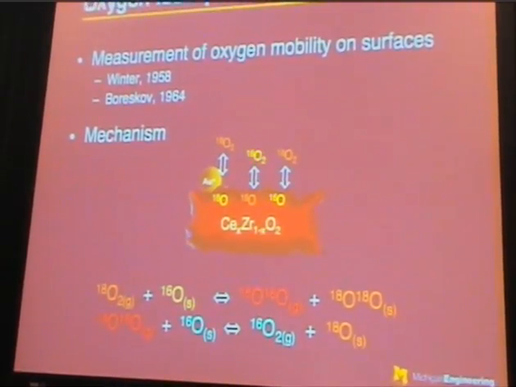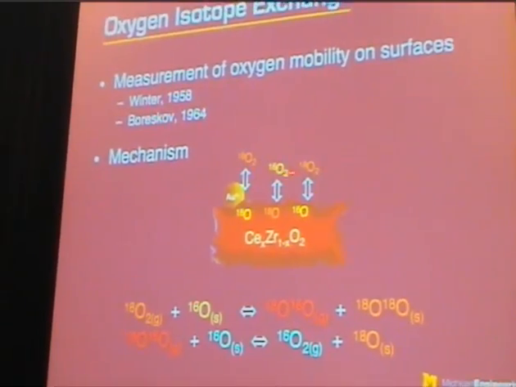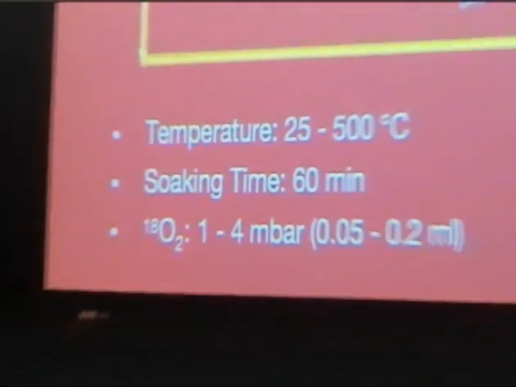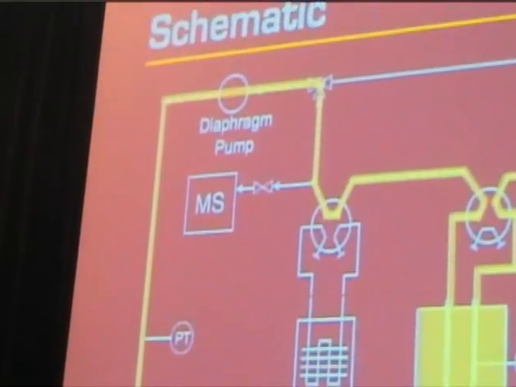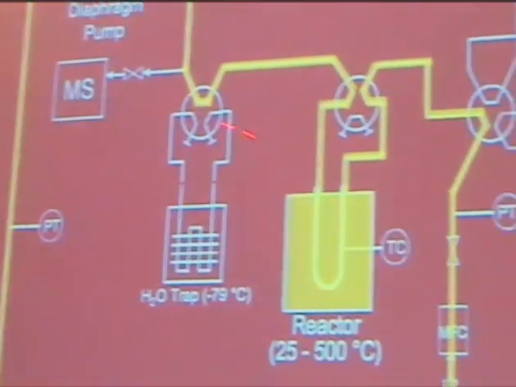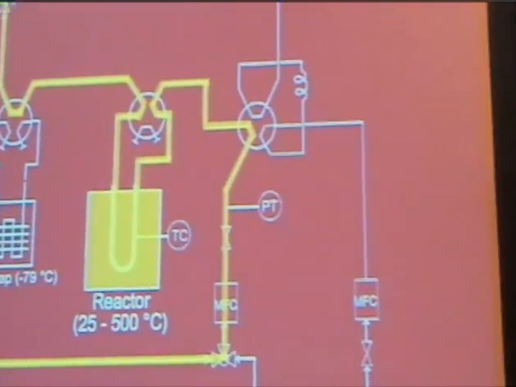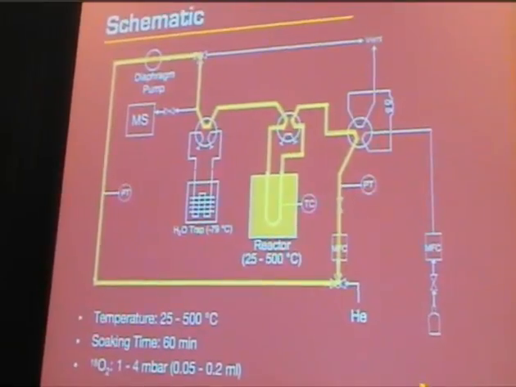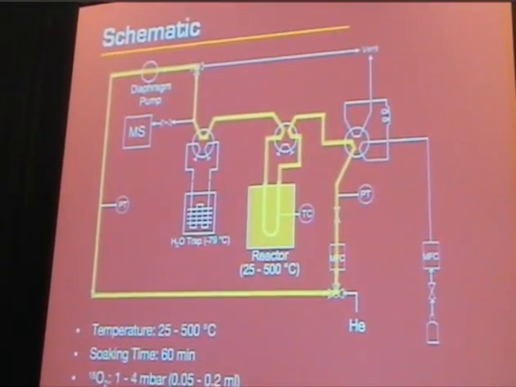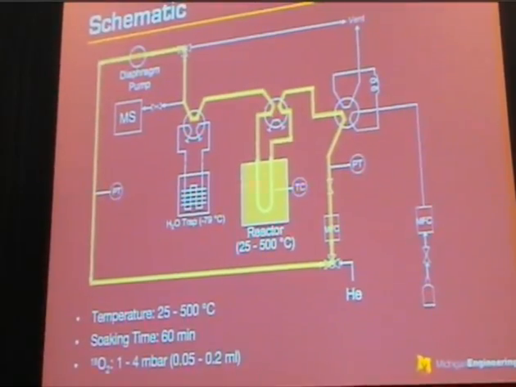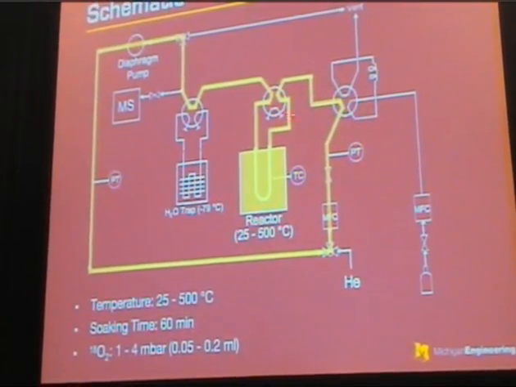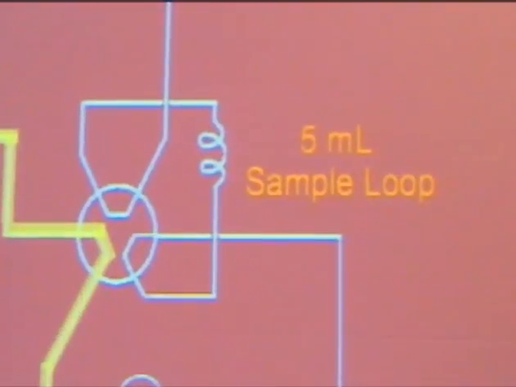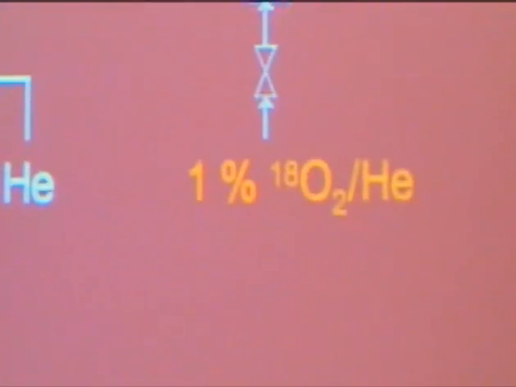So to monitor the amount of oxygen 18 and oxygen 16, we modified our commercial surface characterization instrument to have a closed loop, fixed volume system. As you can see, we had a fixed volume with a closed loop in this instrument, and since the exchange rate for the isotope oxygen was relatively slow, we circulated the fixed volume in the closed loop by injecting a little bit of the oxygen isotope into the system.